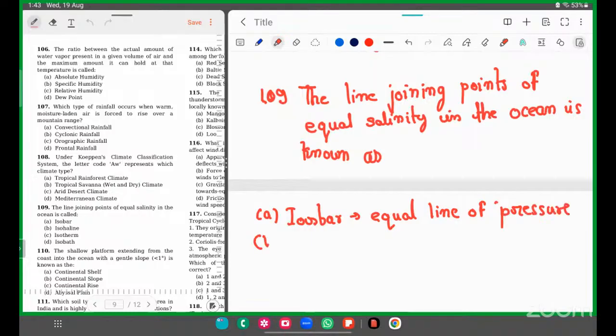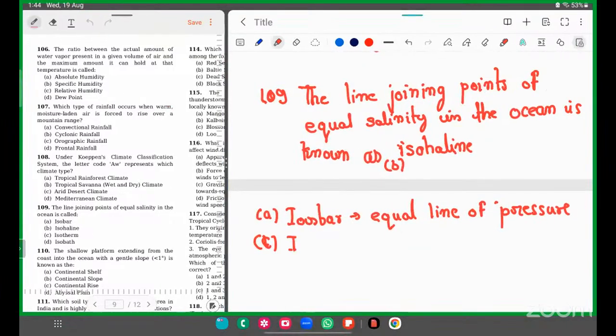Then B is known as isohaline first. Isohaline. Answer B.